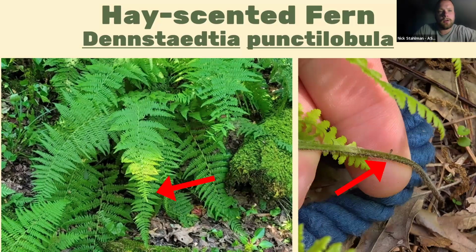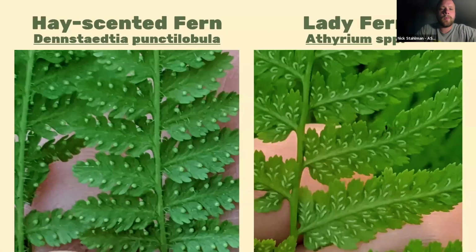This is one, again, you'll probably see more in some woodland areas, mature forest. The sori can help you, because with the lady fern having those minute hairs occasionally on the rachis, you might try to confuse the two. They both have the tapering tip. But if the sori are present, we can see that they're vastly different shapes.